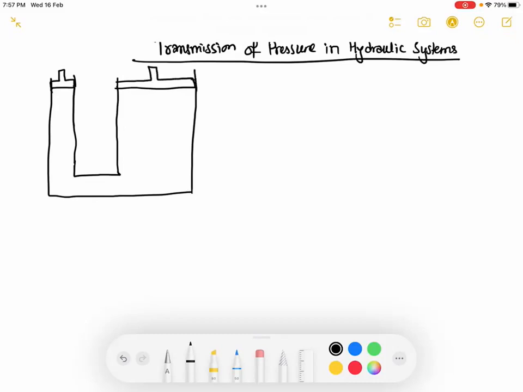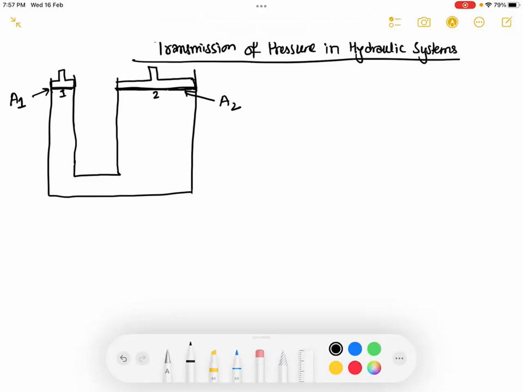Okay, so these are two pistons at point 1 and point 2. This area right here, let's call it A1, and this area over here is A2.